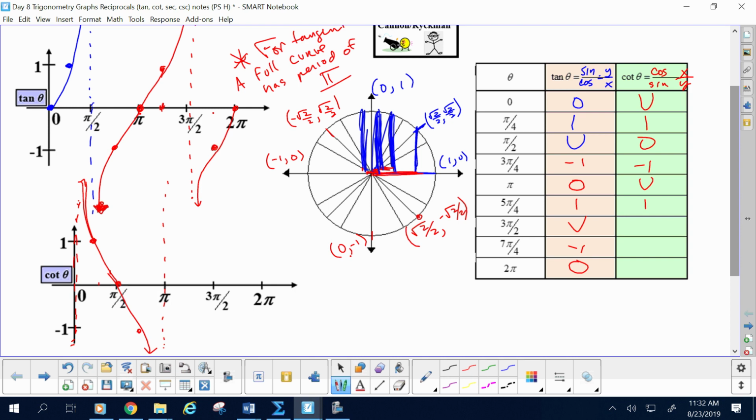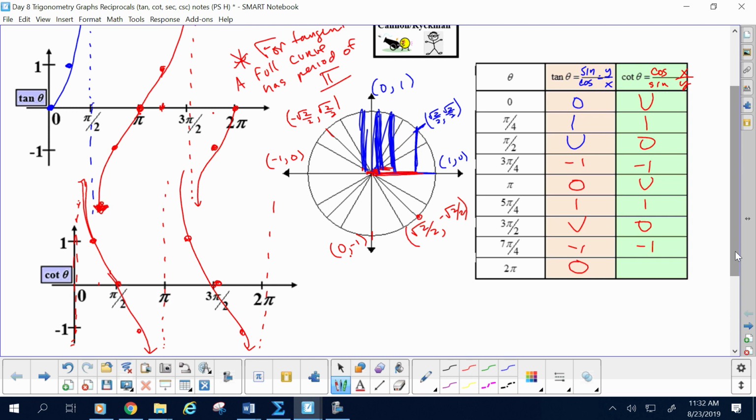It's positive 1. 3 pi over 2? 0. 7 pi over 4? Negative 1. 2 pi? Fine. So another graph.